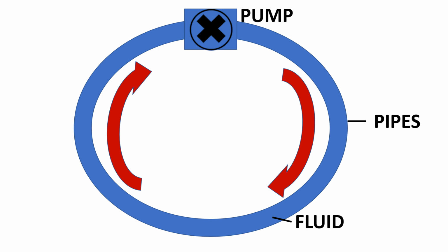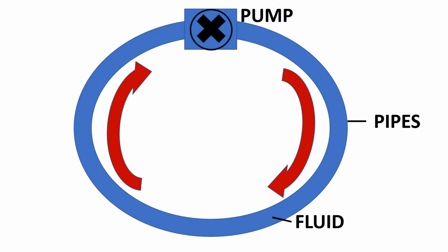Now let's look at the pipes. The pipes too need to be in good working order for the system to succeed. This includes aspects like being the correct diameter or size to carry the amount of fluid in the system. They need to be wide enough to allow easy flow of fluid, but not so wide that the fluid can fill them without flowing.